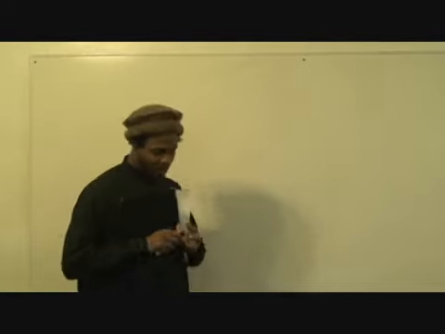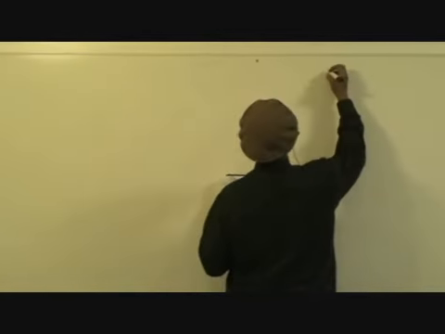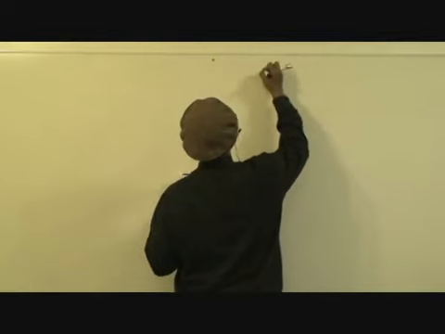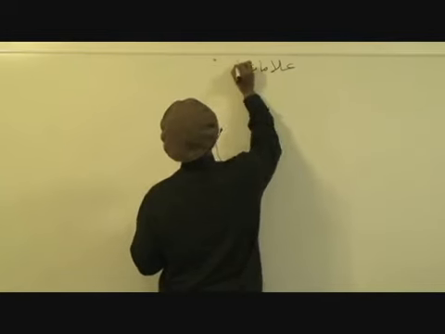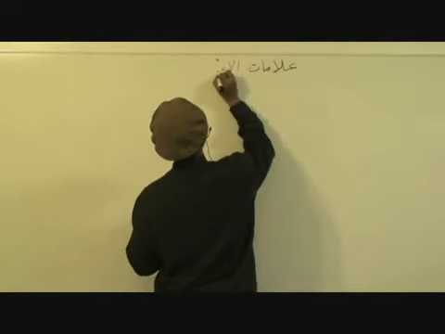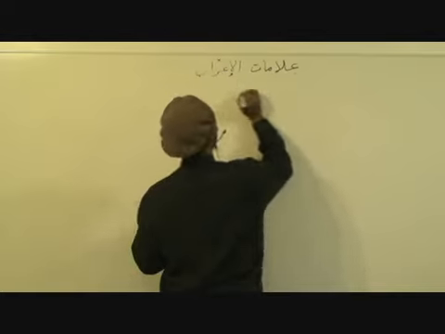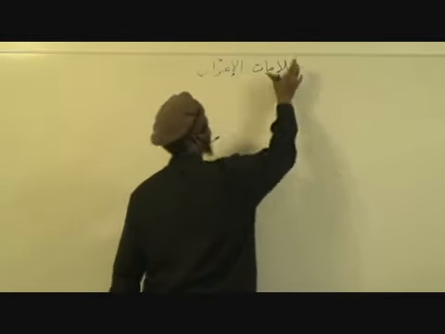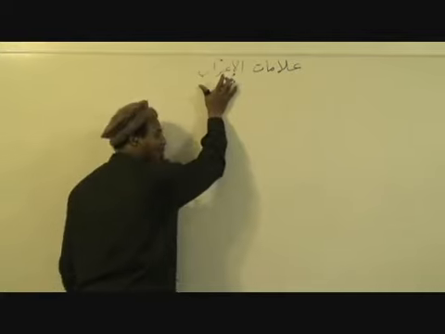This chapter is broken down into, I think, 4 parts, if I remember properly. We're going to get into it right now. This one's called the chapter of Alamatu I'rab, the signs and symbols of I'rab.